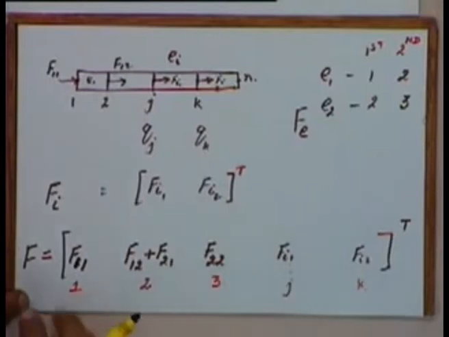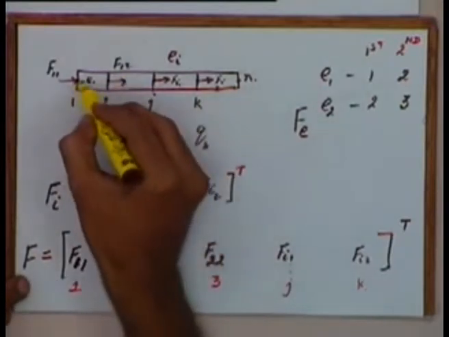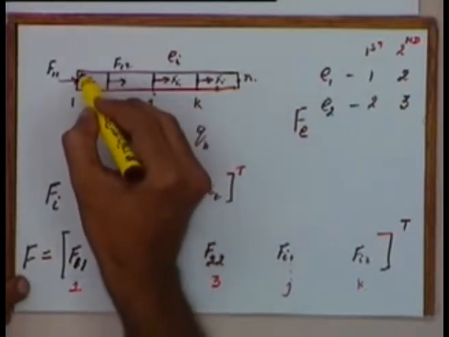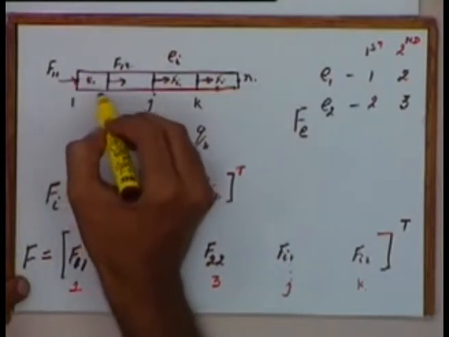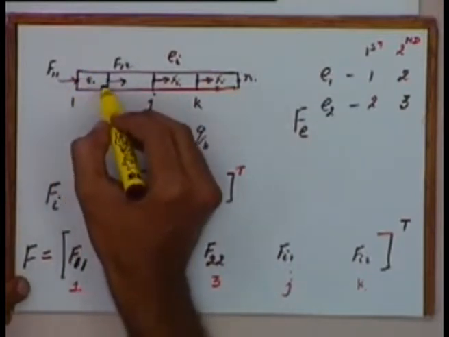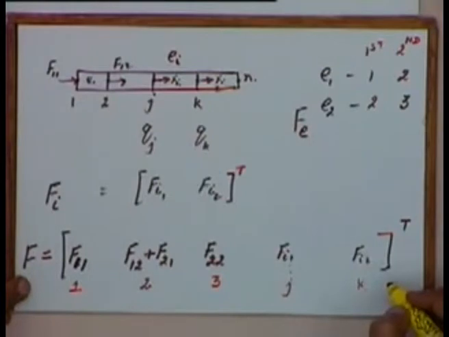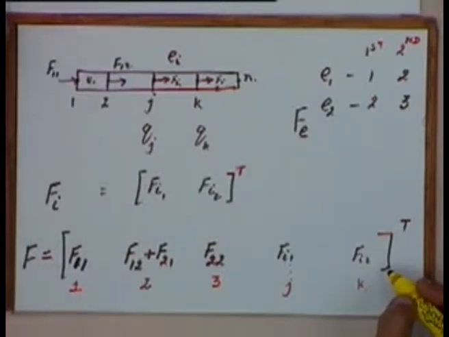Okay, what I have basically done is I have taken up the forces on the two nodes of each of the elements and placed them on global locations. Okay, and this matrix is what I call a global force matrix.